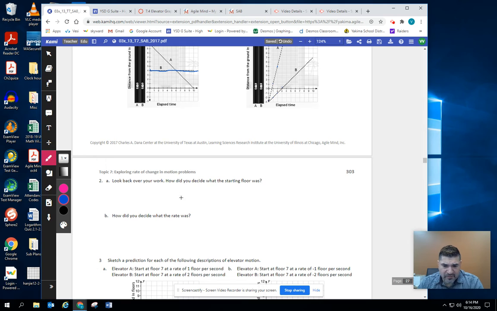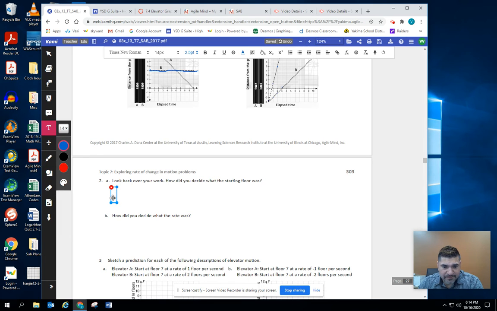It says, look back over your work. How did you decide what the starting floor was? Give you guys a second to think about it.